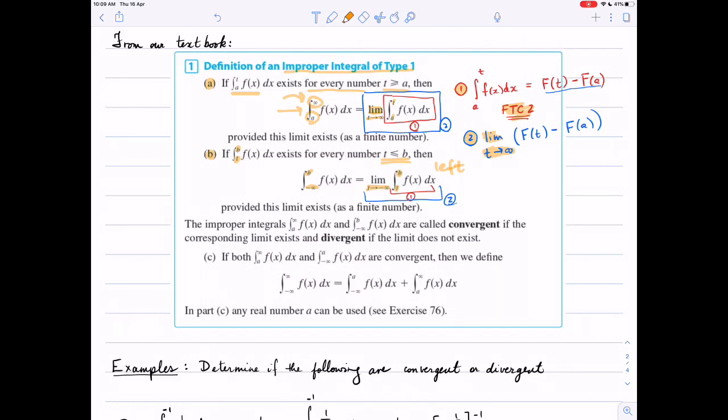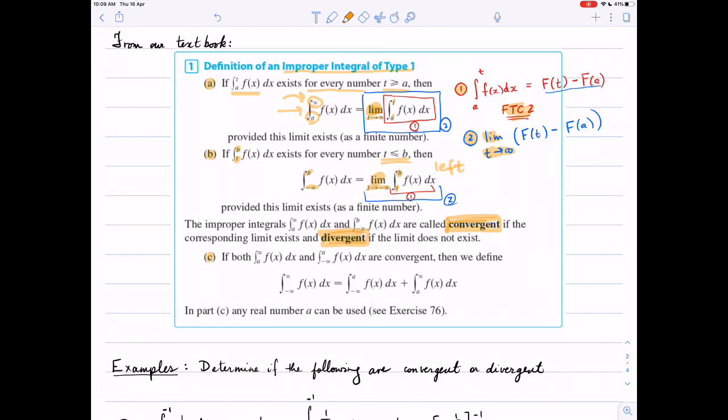If these limits exist, if this one and this one exist, these integrals are called convergent. They are called convergent if the limit exists, and they are called divergent if either of those limits doesn't exist.